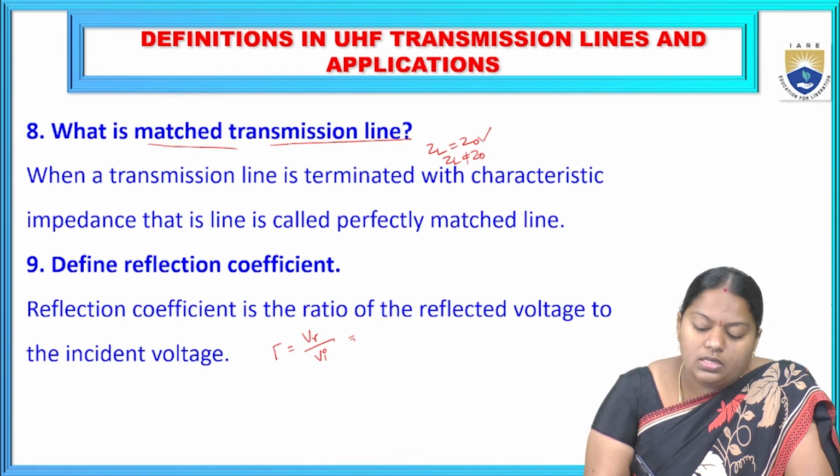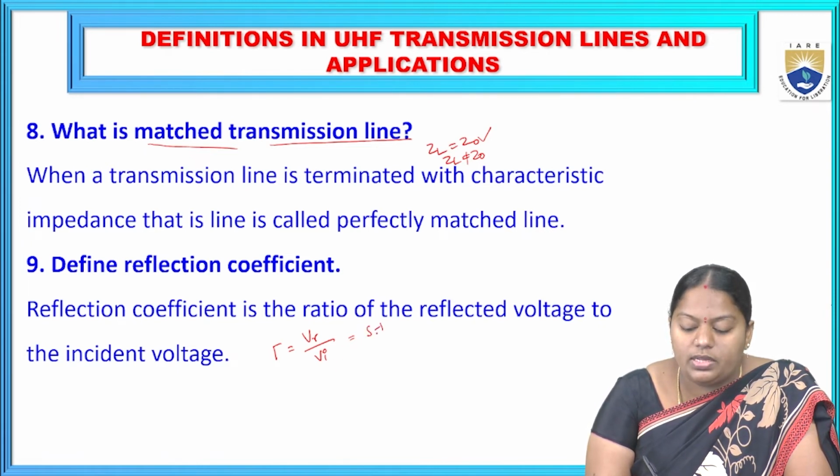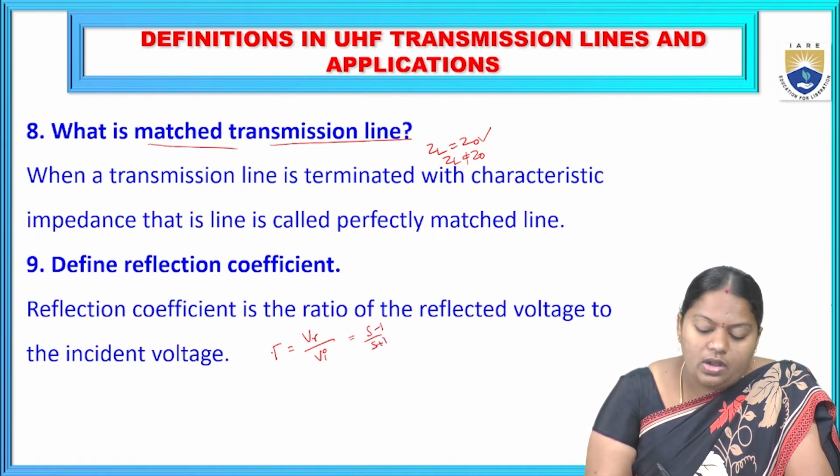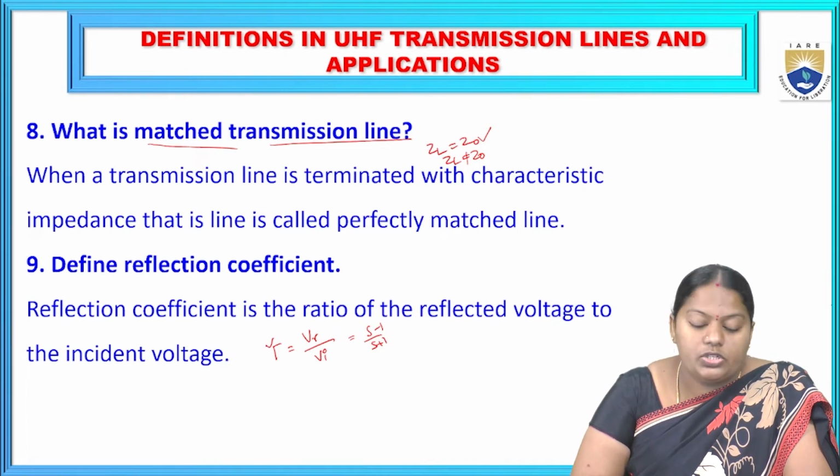VR by VI, that is gamma, in terms of the standing wave ratio is given by S minus 1 by S plus 1, where gamma is the reflection coefficient and S is the standing wave ratio.